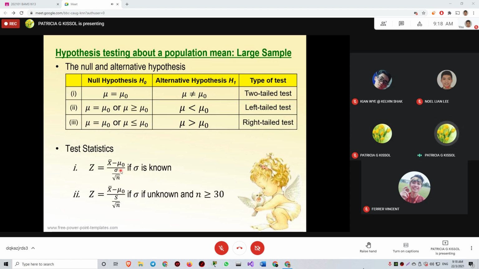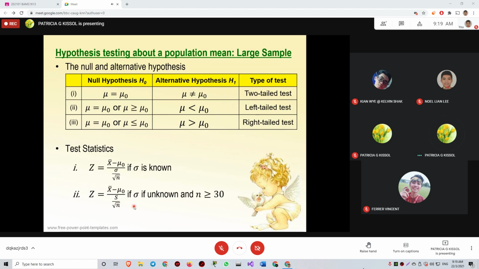It's just a matter of notation, because sigma is also the value of the standard deviation. The s here is also the value of the standard deviation, but concerning the sample, whereas here it's concerning the population. So my advice is not to be too concerned about the statement sigma is known or sigma is not known. Focus on the n. If it's more than or equal to 30, then immediately use this formula. I hope that is clear.